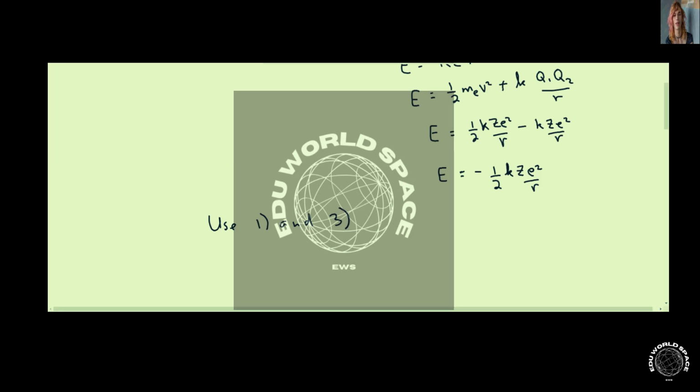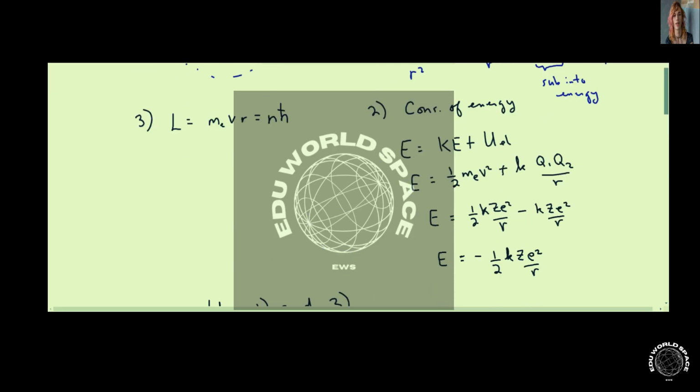Okay, so what we want to do is, and that's the way I think I'll do it, I'm going to use 3 to find v, and then sub this back into 1. Three is a fairly simple thing to solve for v.